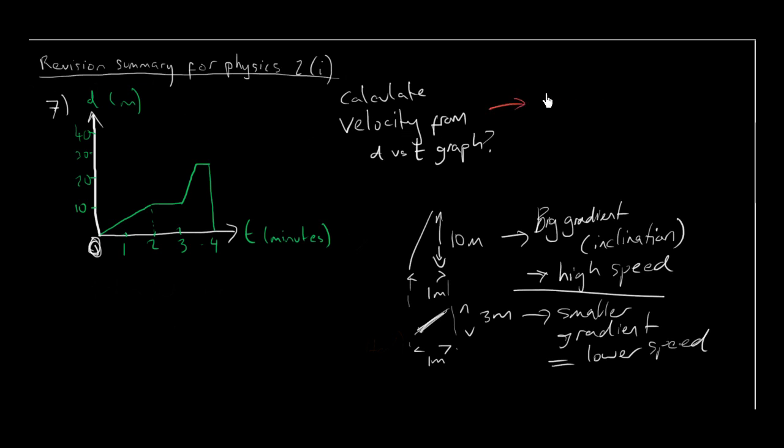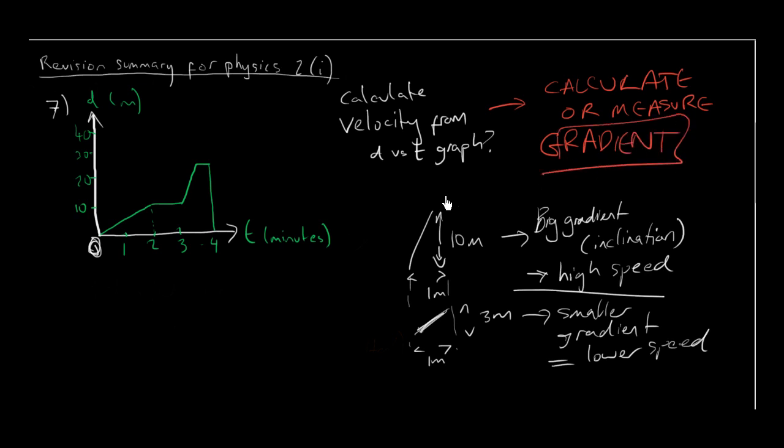You just need to calculate, or you can also measure it if it's an accurate graph, the gradients. So the inclination or the gradient of a distance time graph is what's going to give you the velocity.